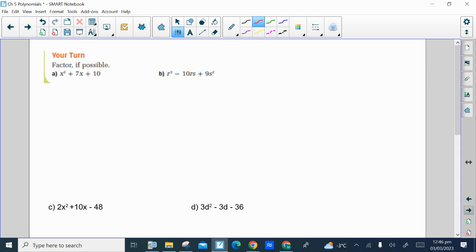So on the next page, it says factor if possible. The first one, we've got a trinomial there. There is no common factor, so if factors exist, they will be binomial factors. The front terms multiply to get x squared, which means we need an x and an x. Now what are we looking for, Declan?